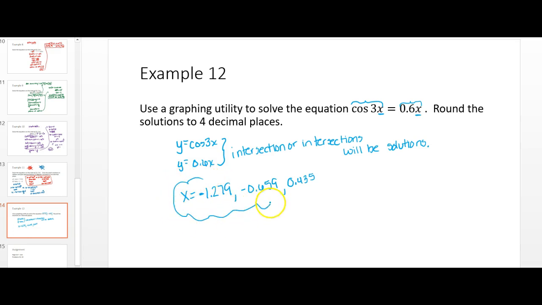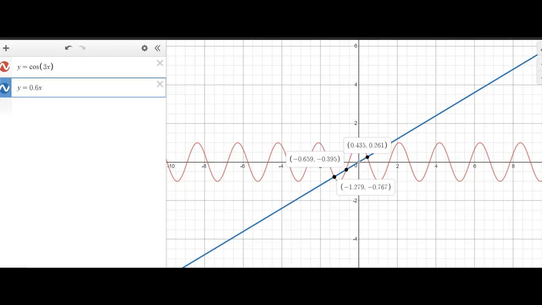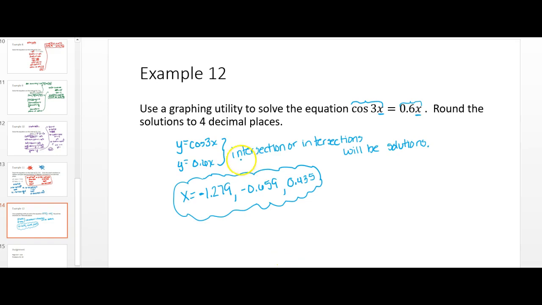And these are the solutions to my equation up here. Now, I didn't round them to 4 decimal places because Desmos back here only rounded things to 3 decimal places. So we have our angles, and these are listed in radians. And we can change that to degrees by multiplying each one of them by pi over 180.